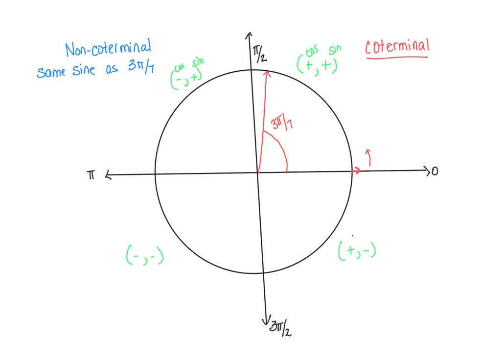The other thing that we need to consider is that all reference angles have the same sine and cosine value other than their positives and negatives. So if I were to get a reference angle, and remember, a reference angle is an angle that is closest to the x-axis.